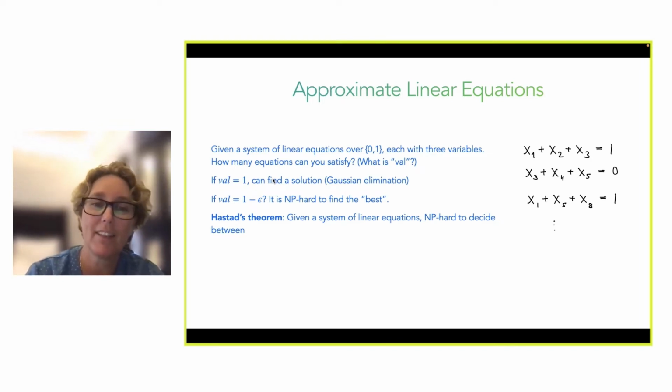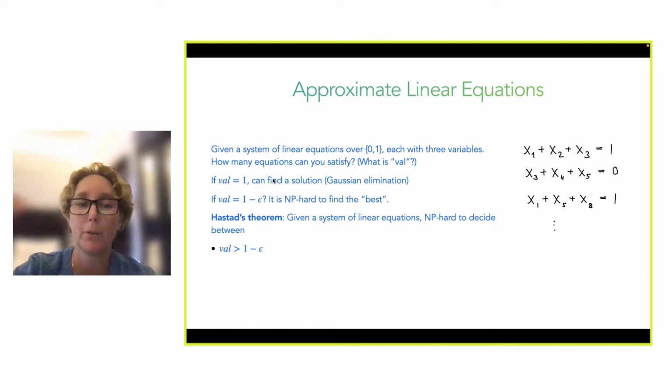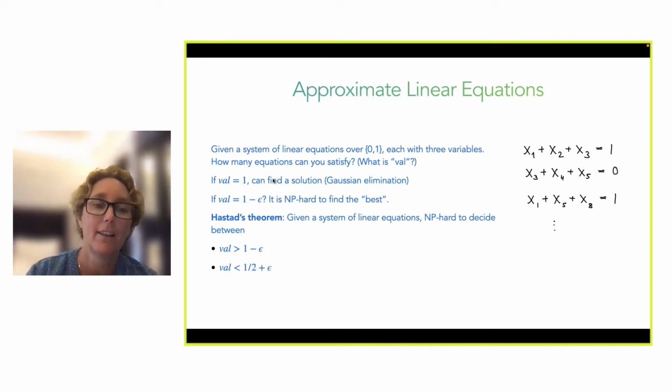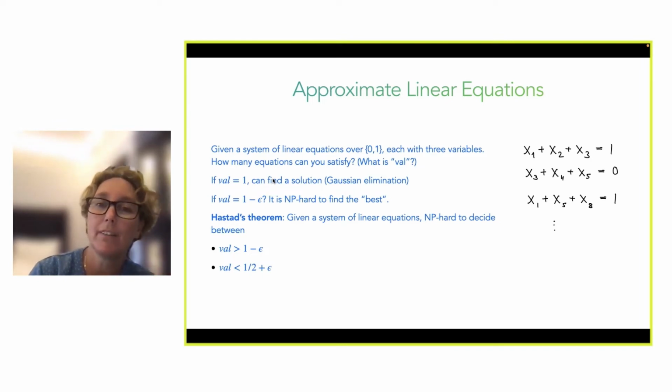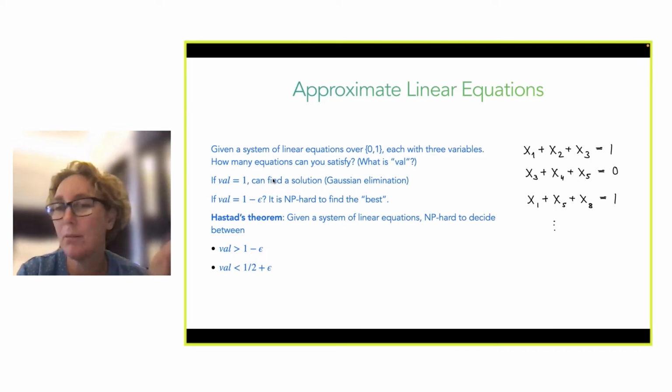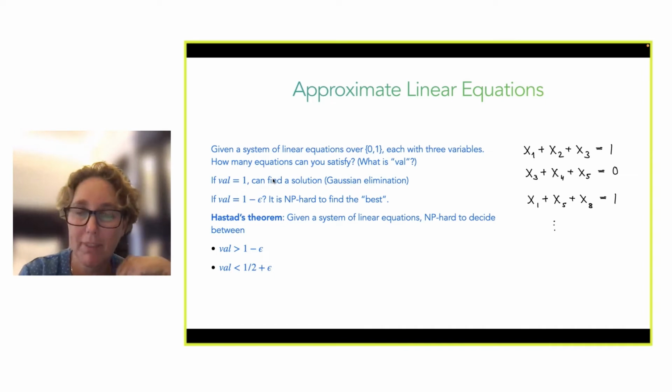So Hastad's theorem says that if you're given such a system of equations with 3 variables in each, which makes it easier because these are very simple equations, it's NP-hard to decide between 2 cases. First, the value is above 0.99, and second, the value is below 0.51. So it's NP-hard to decide if the system is nearly satisfiable or really completely rubbish.